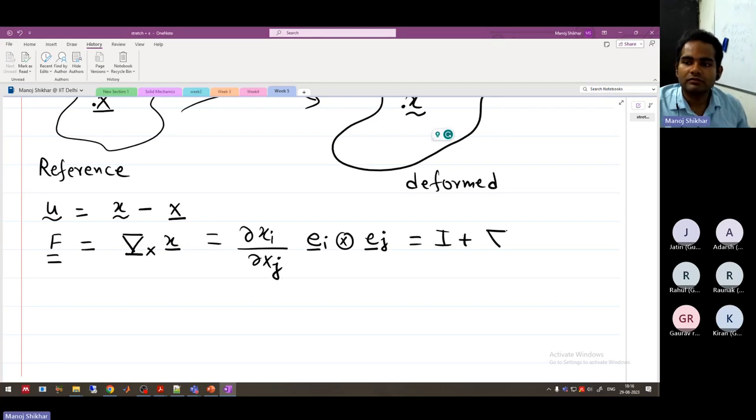This is the same as I plus the gradient of the displacement vector.